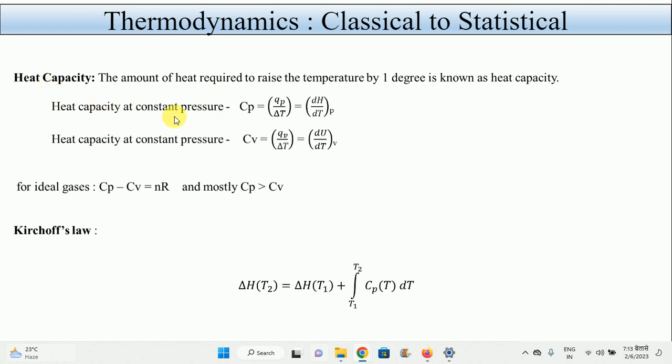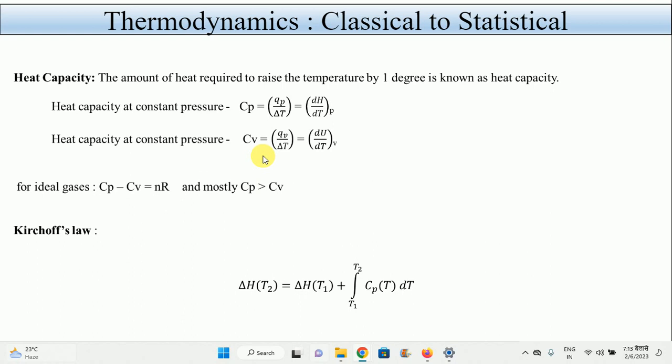Heat capacity at constant pressure, Cp, is Qp, the heat at constant pressure, divided by delta T, that is dH by dT at constant P. Similarly, heat capacity at constant volume, Cv, is Qv divided by delta T, that is dU by dT at constant volume. Sorry for the typo earlier. For an ideal gas, Cp minus Cv is nR, and mostly Cp is greater than Cv.